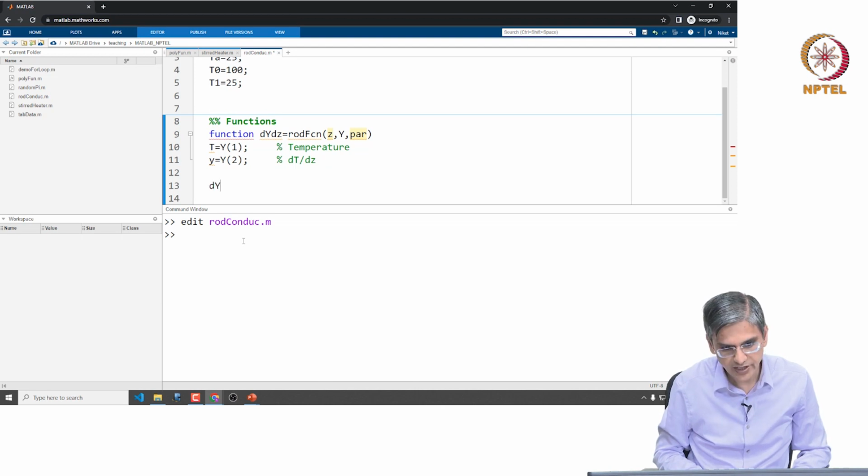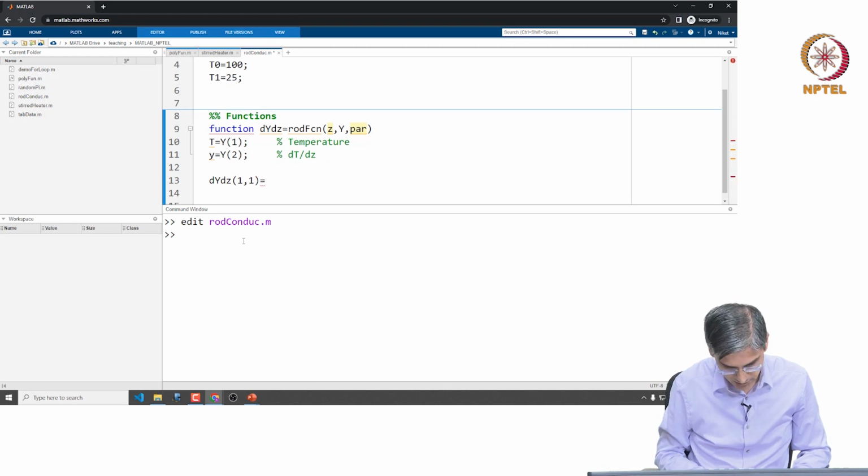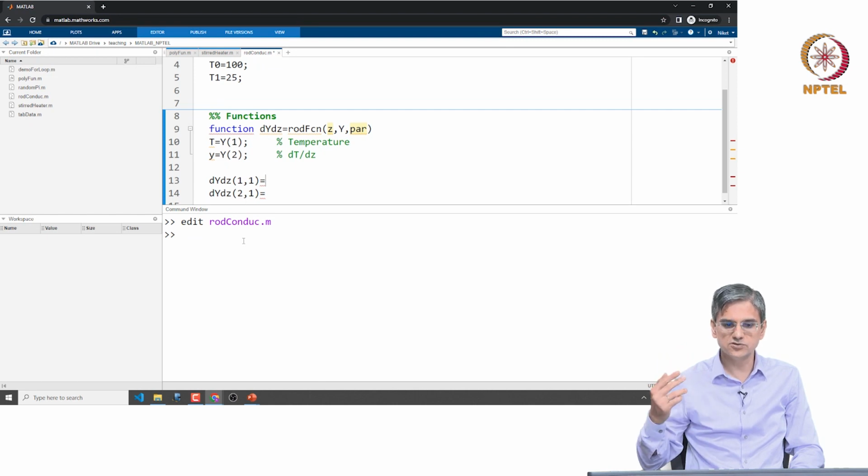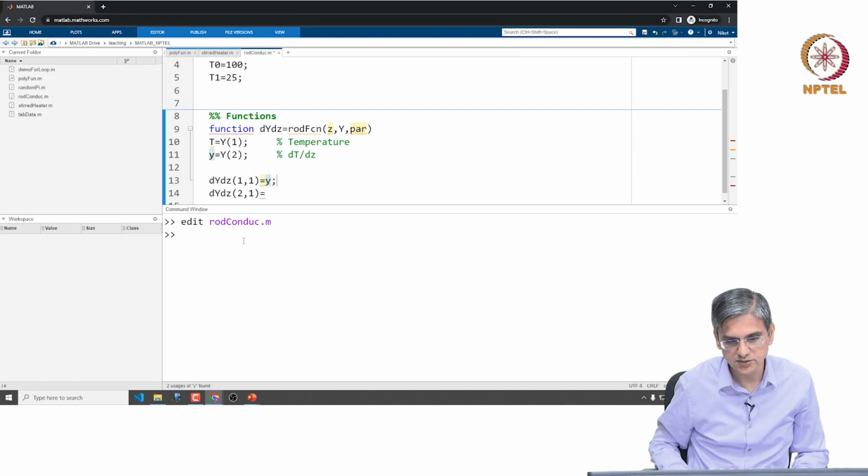We have dydz(1,1) equal to, and then dydz(2,1) equal to. The first one is dT by dz, so dT by dz is y, and we will just write that as y.